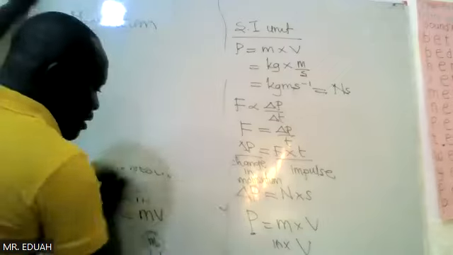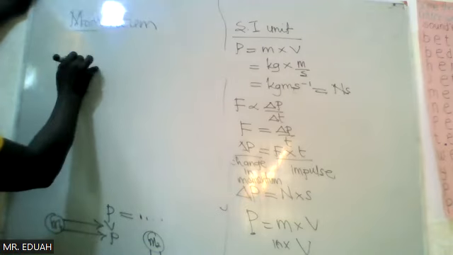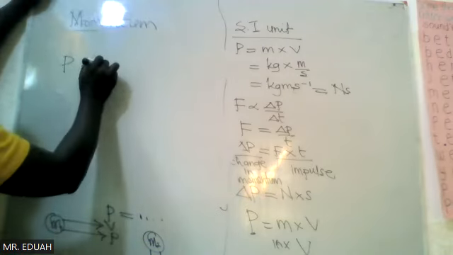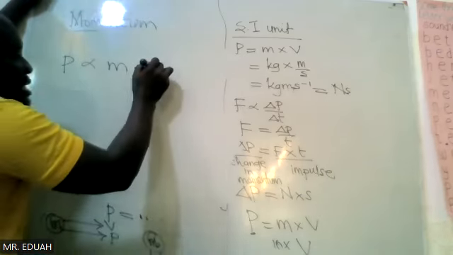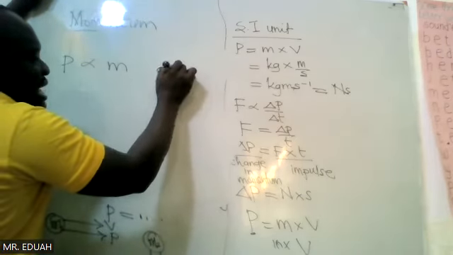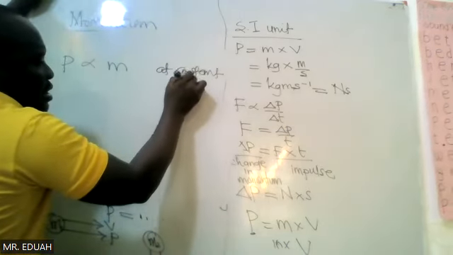So we could deduce that the momentum of a body is directly proportional to its mass, but on condition of constant velocity.